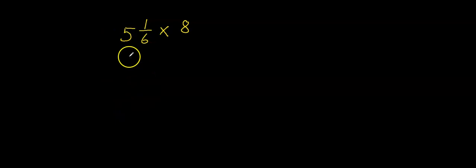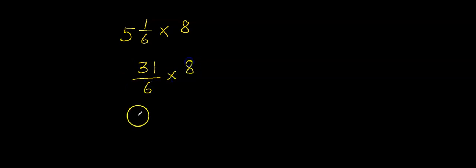So that would be equals to 31 over 6 times 8. Now since 8 is a whole number and there is no denominator we can see, we just put 1 as a denominator, because a whole number can always be written as the whole number over 1 if we just need to write it in terms of fraction.